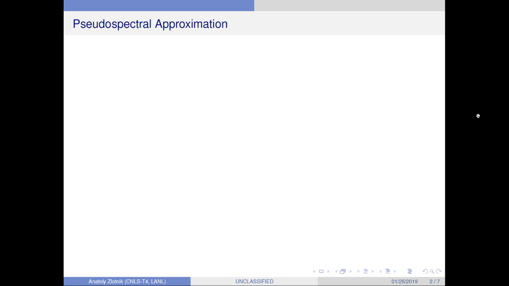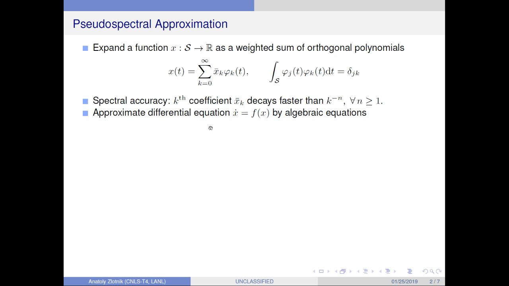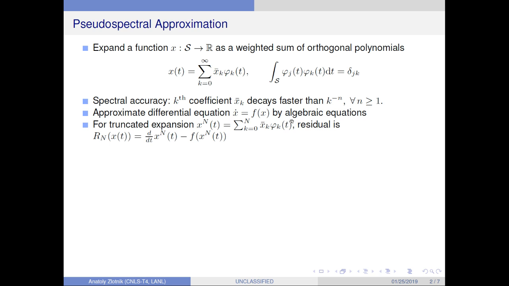So to summarize, in pseudospectral approximation, we want to expand a function x from some domain to R as a weighted sum of orthogonal polynomials. So let x bar k be the coefficients, and these polynomials will be orthogonal. Now, we have spectral accuracy, so the kth coefficient x_k decays faster than k to the minus n. And we want to approximate a differential equation by algebraic equations.